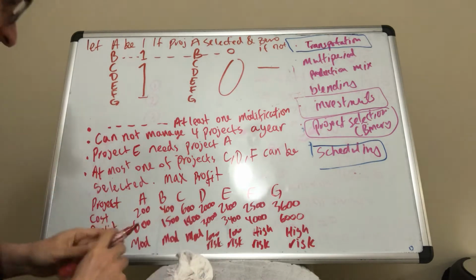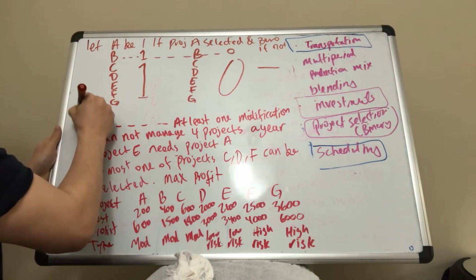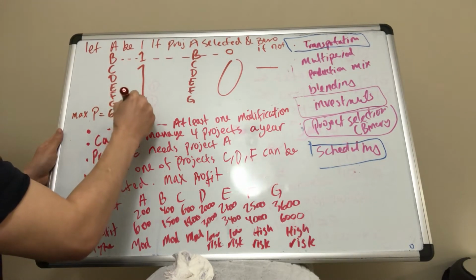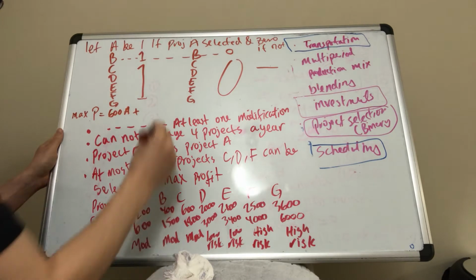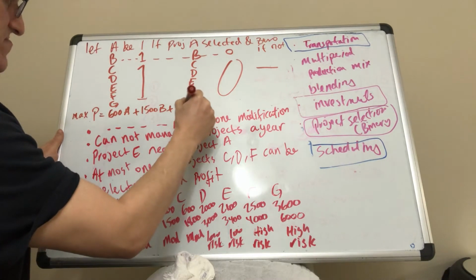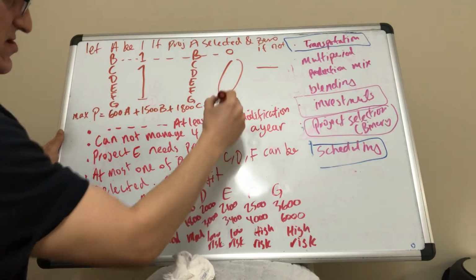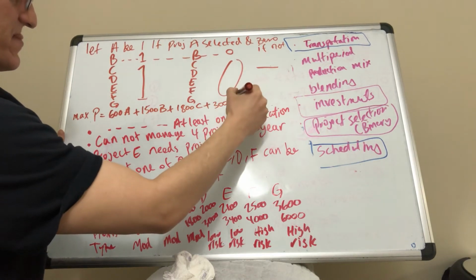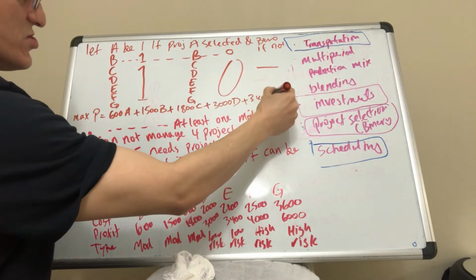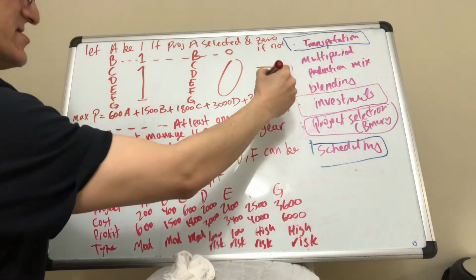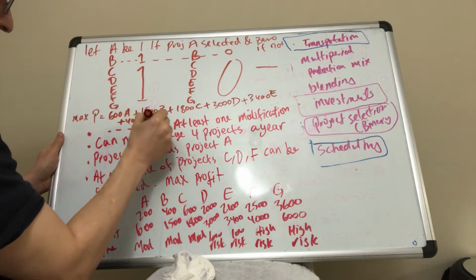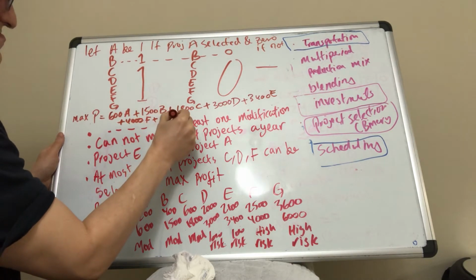You're maximizing profit, so you're maximizing 600,000 of A, 1,500 of B, 1,800 of C, 3,000 of D, 3,400 of E, 4,000 of F, 6,000 for G.